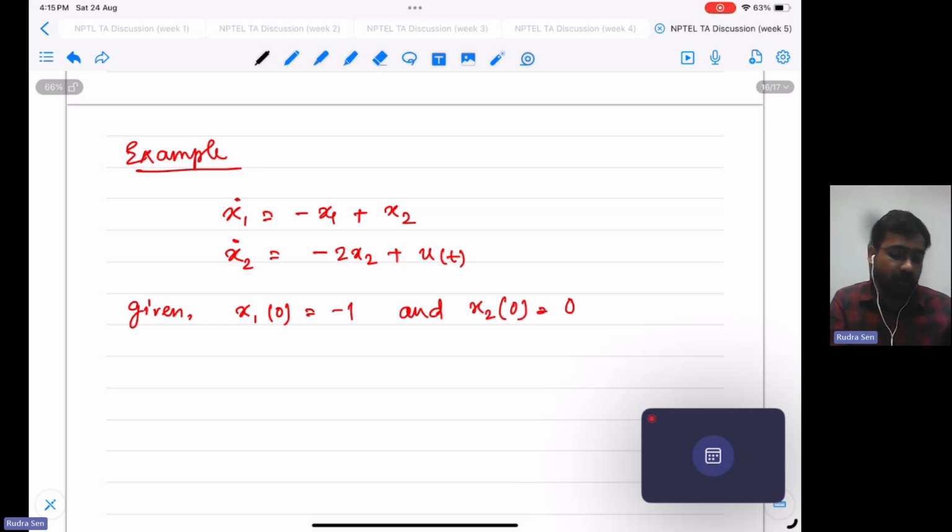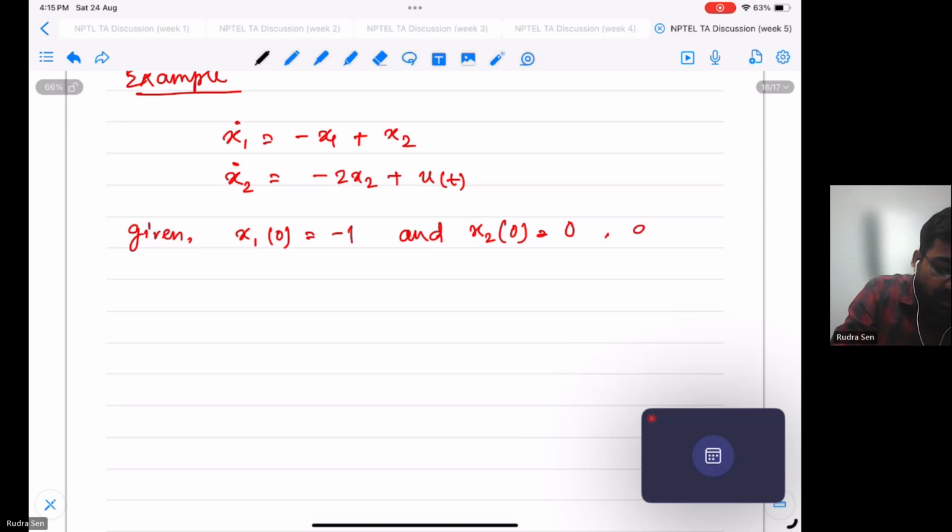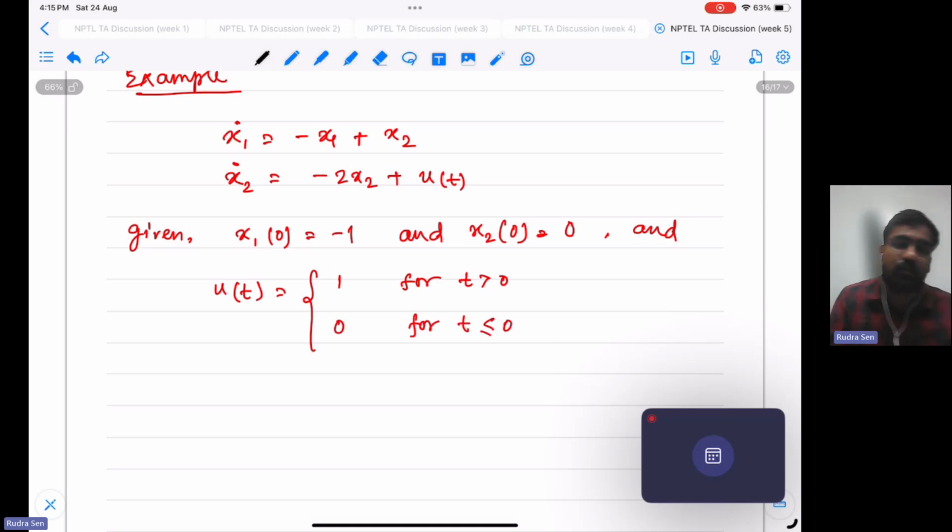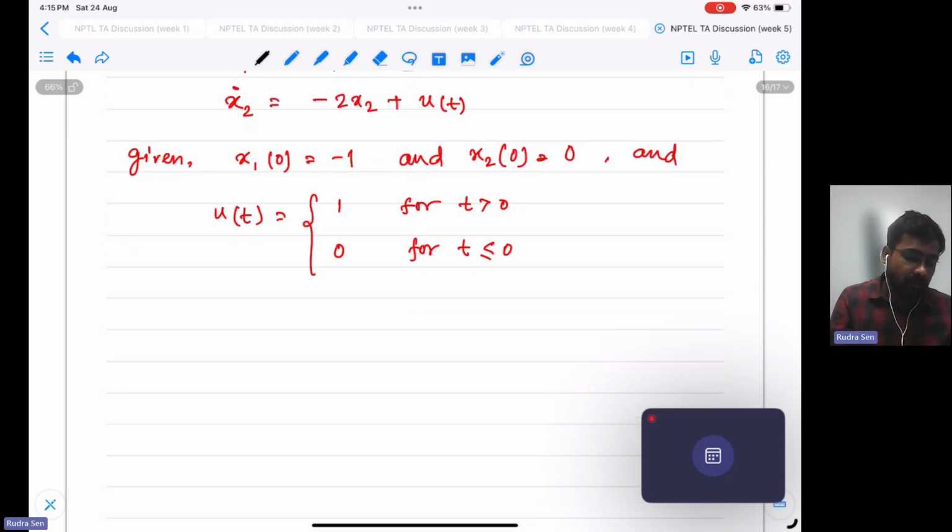And u(t) is 1 for t greater than 0 and 0 for t less than or equal to 0. Okay, so it is verified.